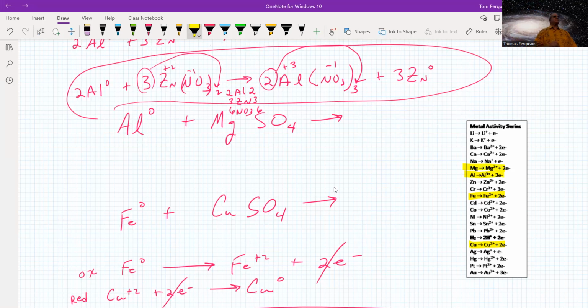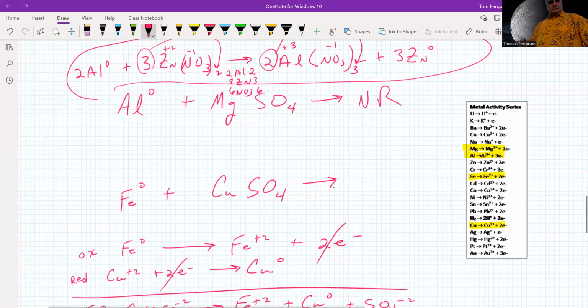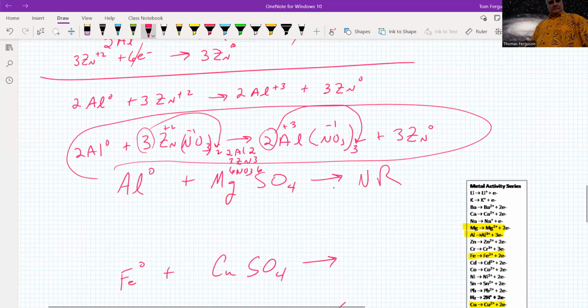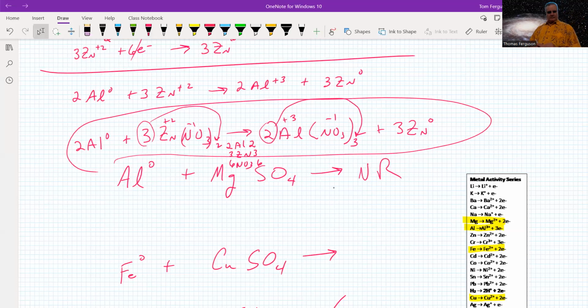Which is on top? Magnesium, not aluminum. No reaction. All right. Let's do the next one.